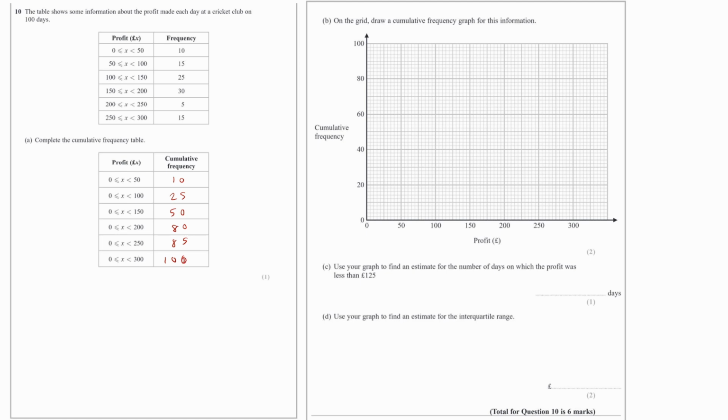And then we're going to plot this information. So we're plotting at the end of the class interval.